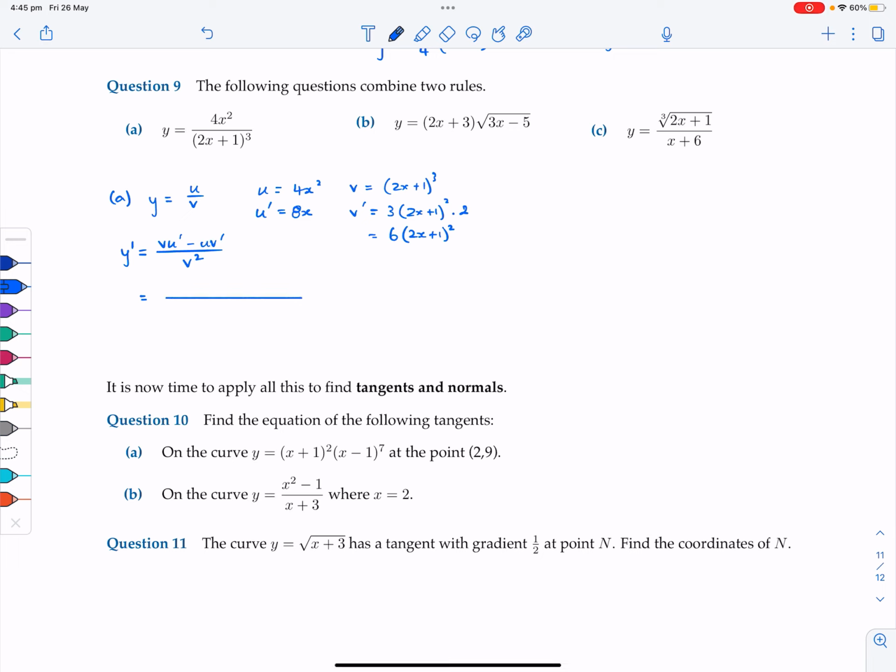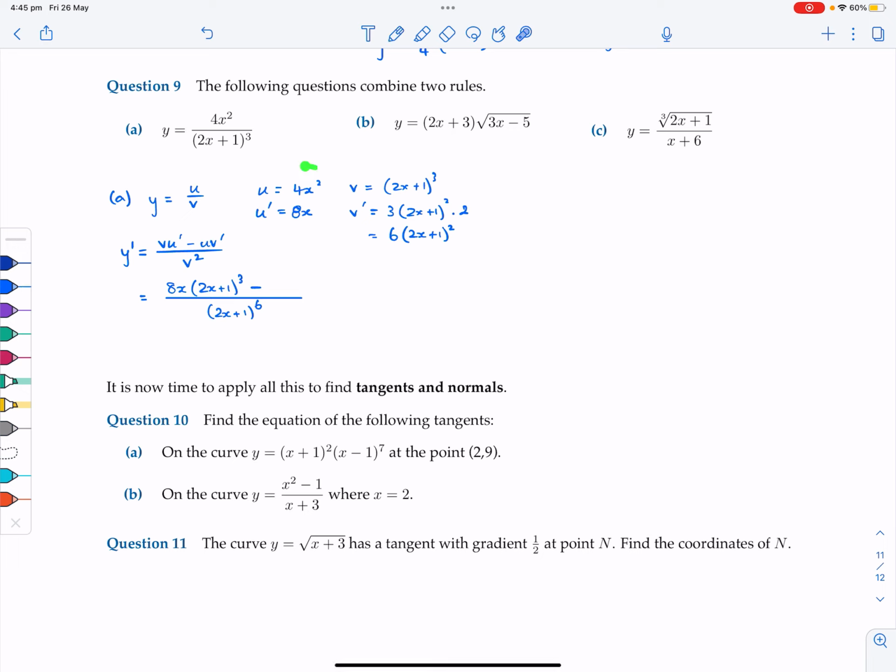All right, so get my v squared right. So v is 2x plus 1 cubed, so v squared is 2x plus 1 to the power of 6. I think I'm being optimistic, only allowing myself that much space. So v u dash, that's that and that. So I'll write this as 8x outside 2x plus 1 cubed minus.